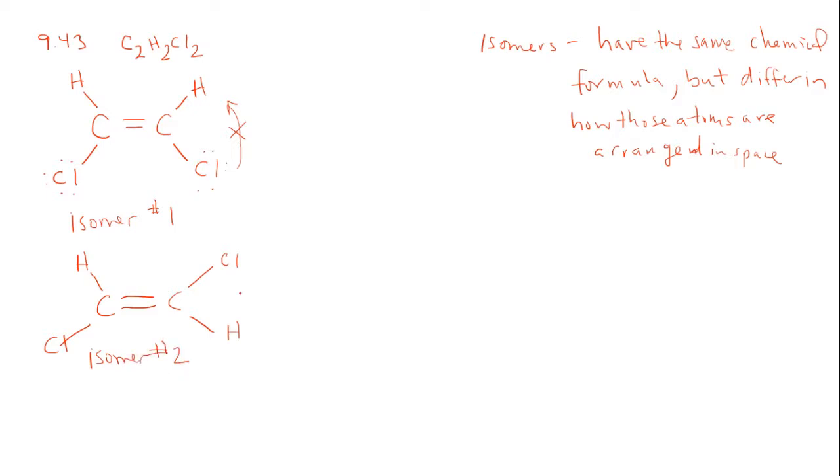And you might think, oh, okay, so if I just switch the places of the hydrogen and chlorine to go from 1 to 2, then if I do that again, that should give me the 3rd isomer. And we can draw that isomer.